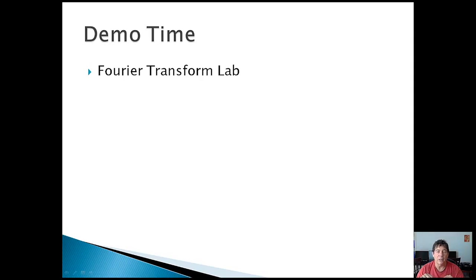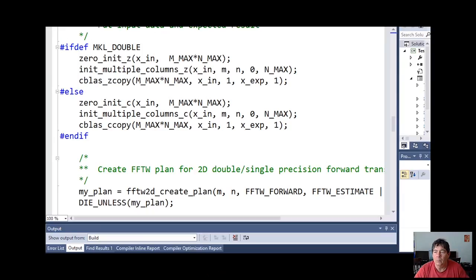So now we're going to take a look at some code, and I'm going to use one of the Intel samples. What you're going to notice is how easy it is to do a 2D Fourier transform. Under the covers, obviously, there's a lot of very difficult math going on here. But this is an Intel sample, and at first glance, you see that you can either act on double data or integer data.